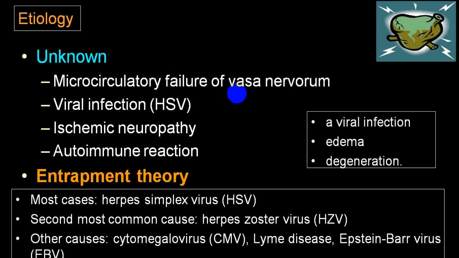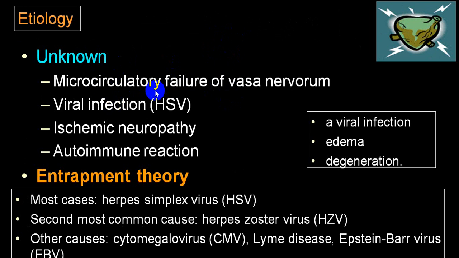If you go through the etiology, we know that it is unknown. Probable mechanism is some microcirculatory failure of vasa nervosum, or maybe secondary due to viral infection like herpes simplex virus, or maybe ischemic neuropathy, or maybe secondary due to autoimmune reaction. So viral infection, edema and degeneration was common pathophysiology which was put forward, but clinically you are not able to identify the cause.